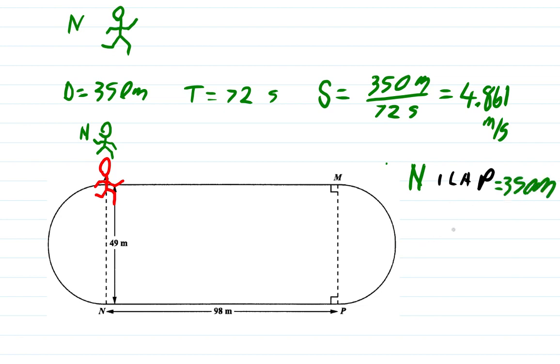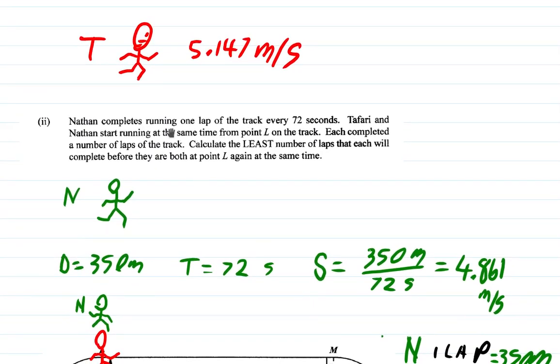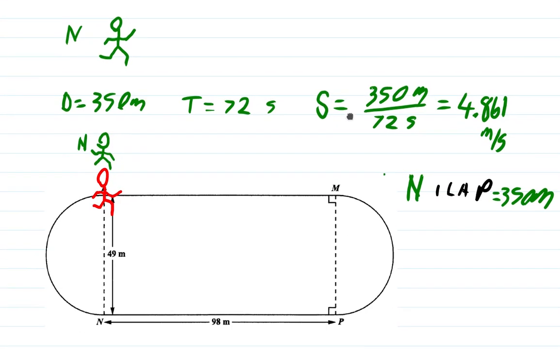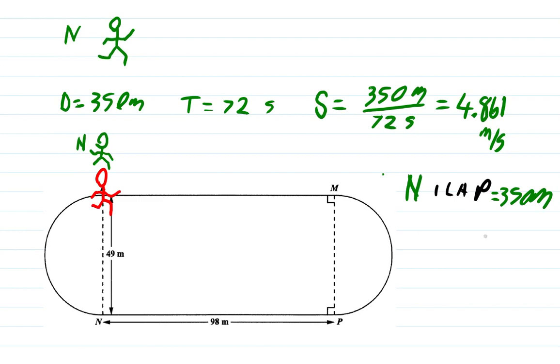But during that 350 meters, where is Tafari? Nathan completes 1 lap in 72 seconds. Now, where is Tafari in 72 seconds?